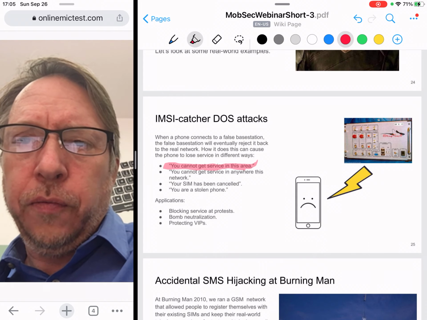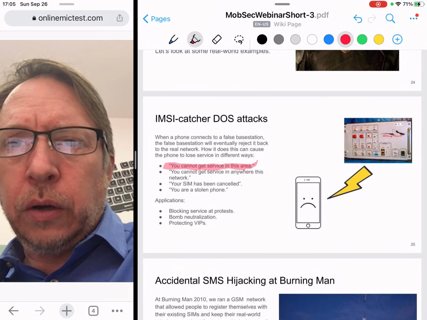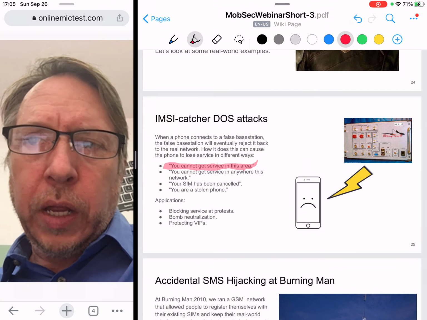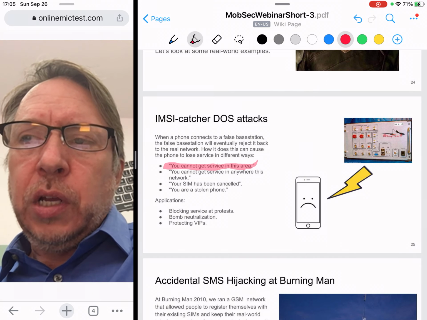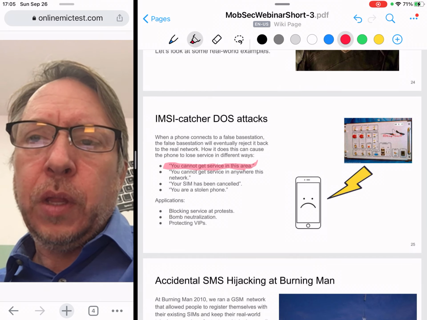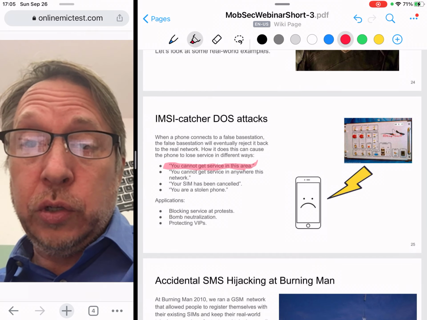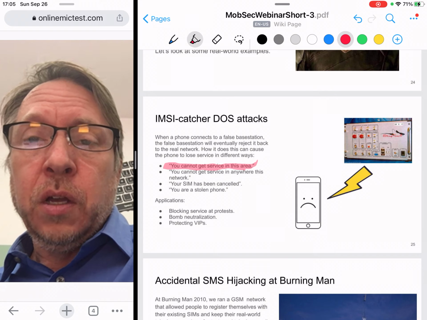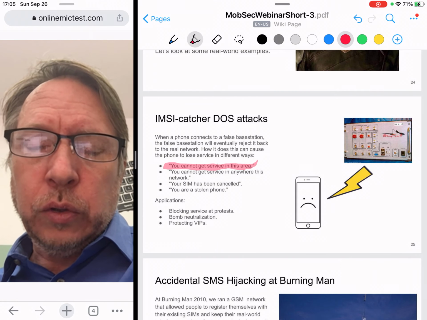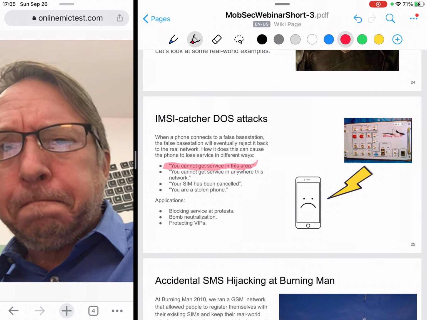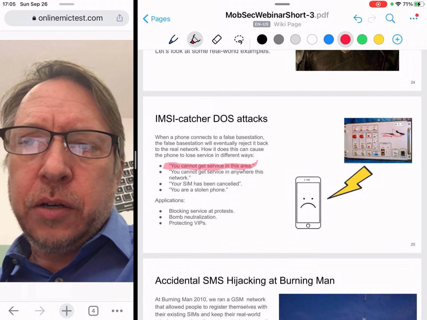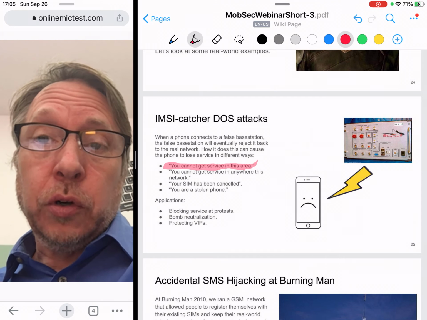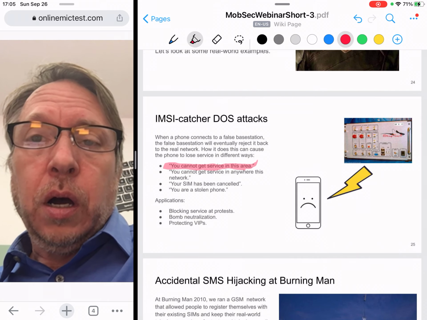Now, normally, if you don't want to create a service disruption, the IMSI catcher operator will pick a location area that they know is not actually used anywhere in the real world, or at least is not used anywhere in this part of the country, so that there's no noticeable disruption of service for phones when they're returned to the network. But you don't have to be such a nice guy, and you can actually pick location areas that are real and in the immediate area, so that when the phone moves to a certain part of town, they just won't have service anymore. Somebody pulls the phone out of their pocket, they notice there's no connection, it says emergency calls only. That's it, no service.